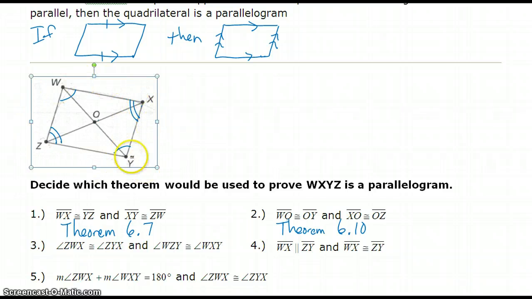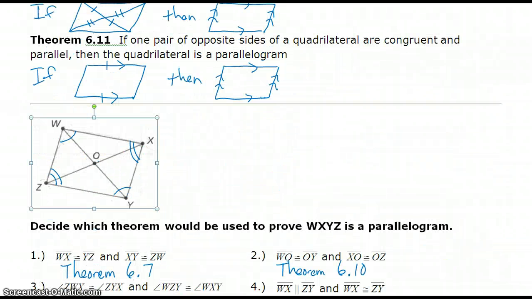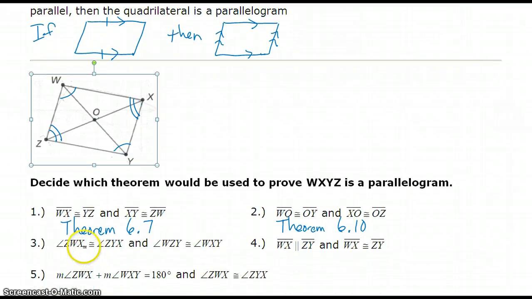So which picture does this diagram look like? Looks like theorem 6.8. If I look at what I'm given in problem number 3, this tells me that my opposite angles are congruent. So I would use theorem 6.8 to show that this is a parallelogram.